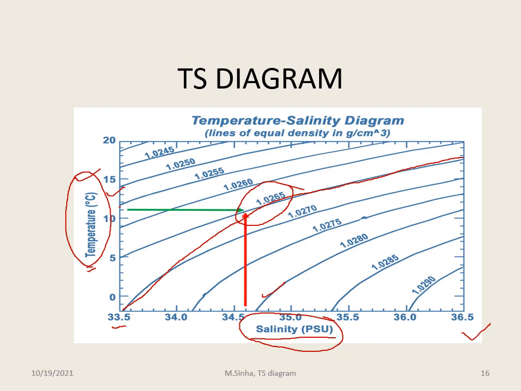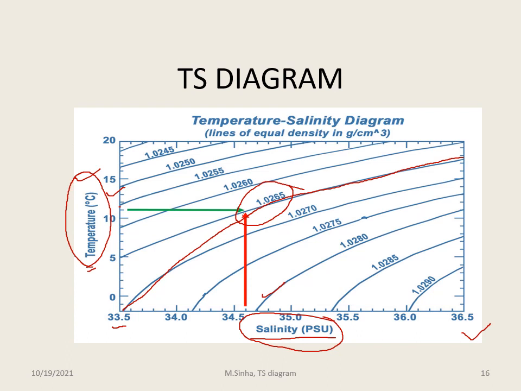And through the TS diagram, where salinity and temperature are plotted, and we are all familiar with the plotting of a climograph, just like that. With the help of these two indicators, water density is identified, and the TS diagram provides information about the water density zone.